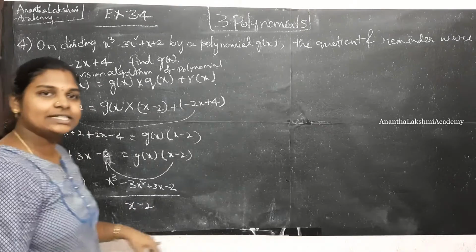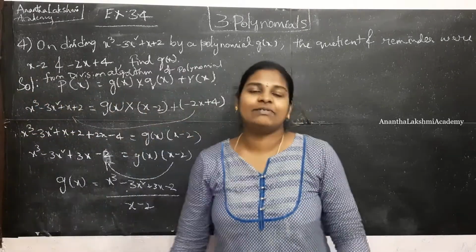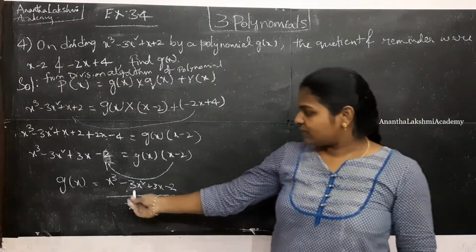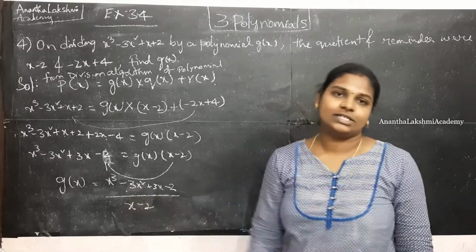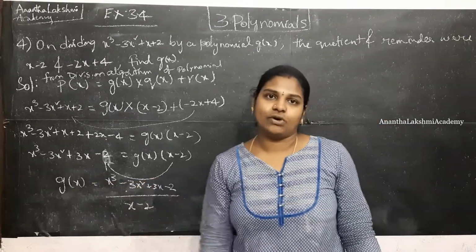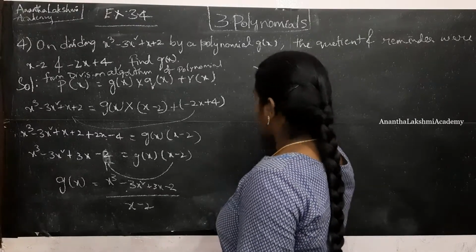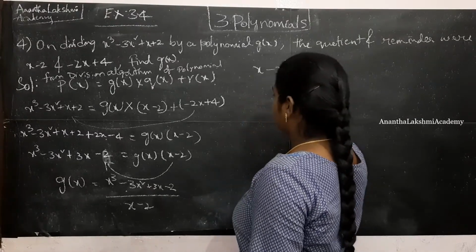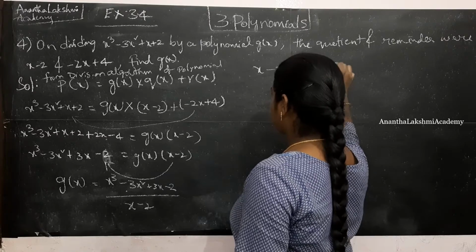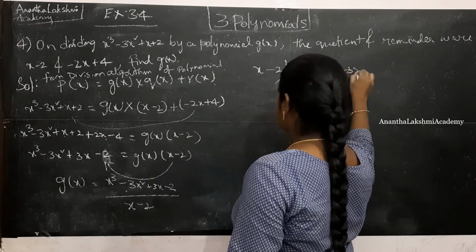What are we dealing with? Divisions. So now we need to divide this with x minus 2. That way we get g of x. So let's do that. So x minus 2 is going to divide x cube minus 3x square plus 3x minus 2.